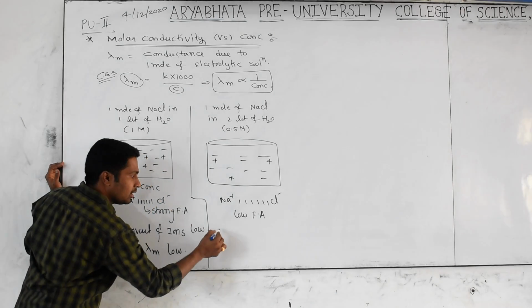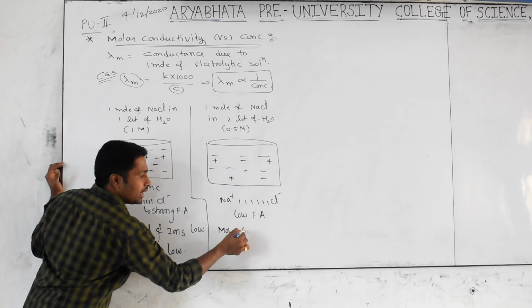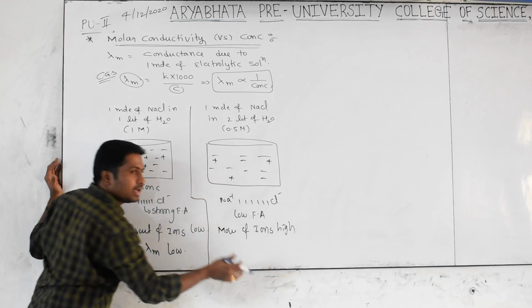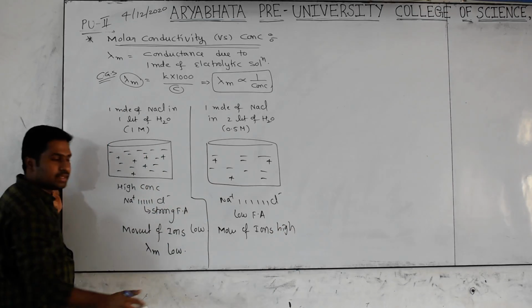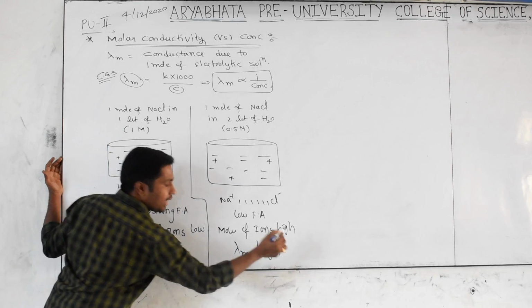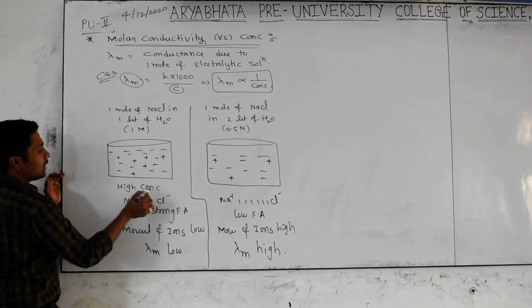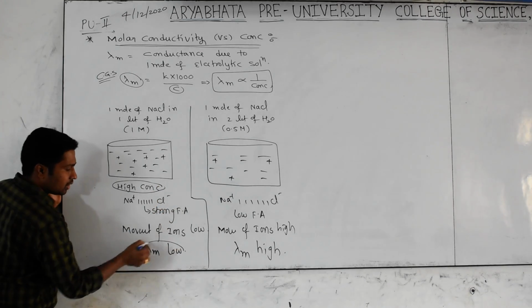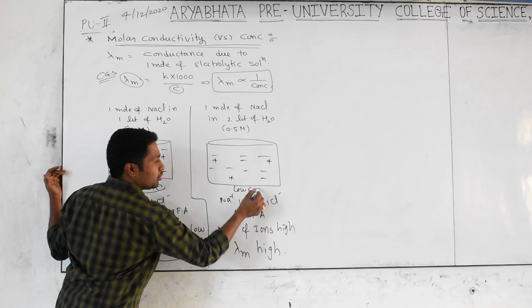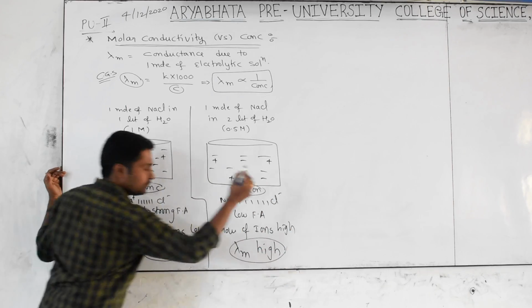So here the momentum of ions will be high. If the momentum of ions is high, conductance will go on increasing. That conductance we call molar conductivity, which will be high. So at high concentration, molar conductivity will be low. At low concentration, molar conductivity will be high.